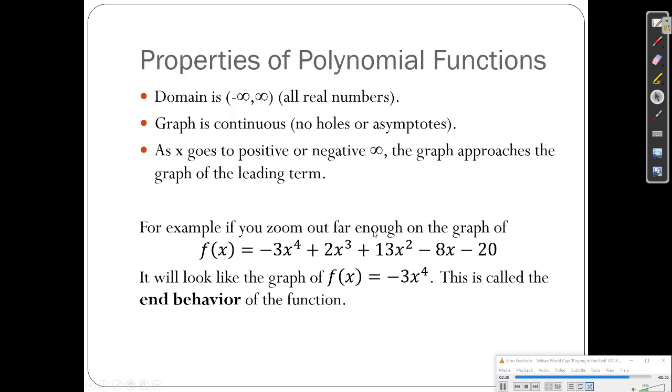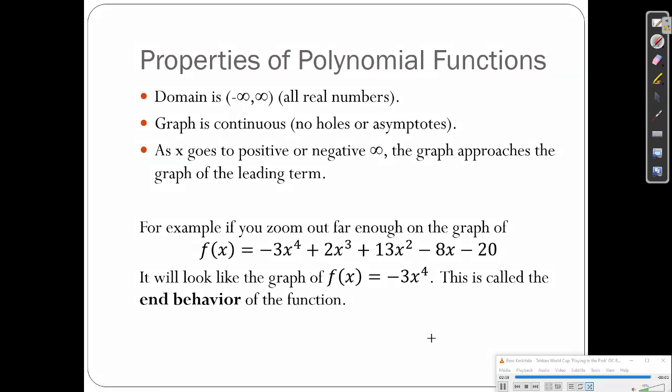So, if you zoom out far enough on this graph, negative 3x to the fourth, plus 2x cubed, plus 13x squared, minus 8x, minus 20, because as you get into large x values, this power will be so much larger than all of the other terms combined, eventually this function will start looking like this function. So this function is what our book calls the end behavior.